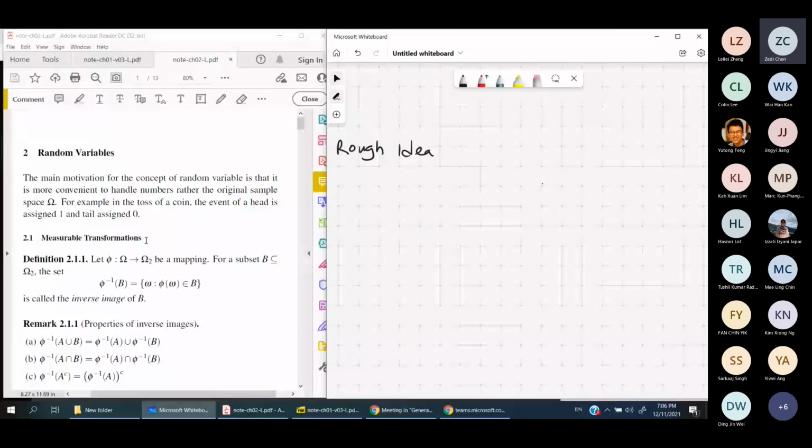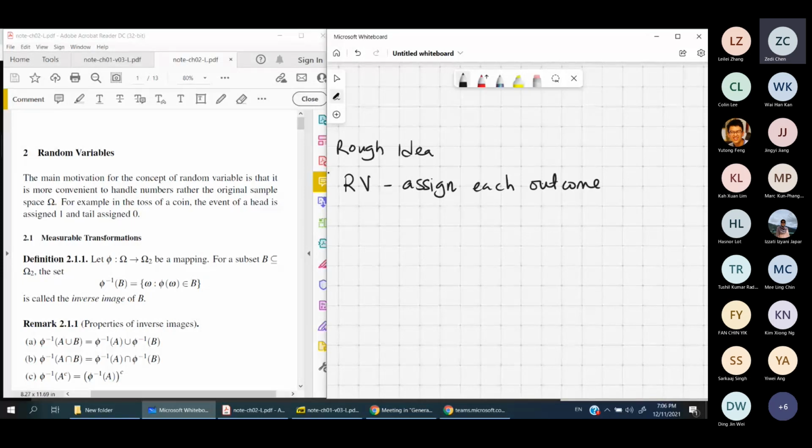What is a random variable? It's something where we assign each outcome a value, a number.